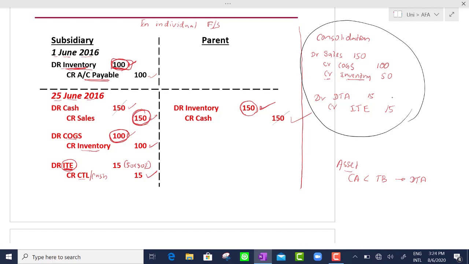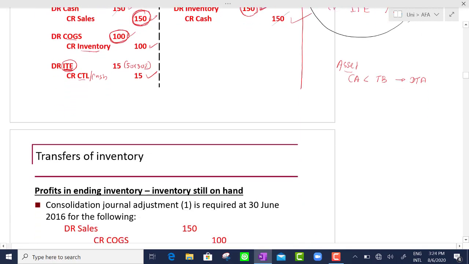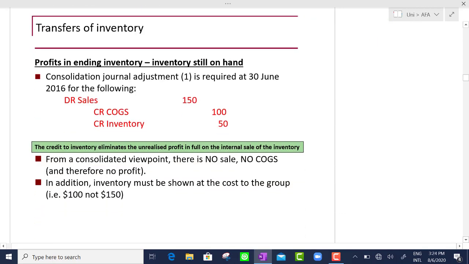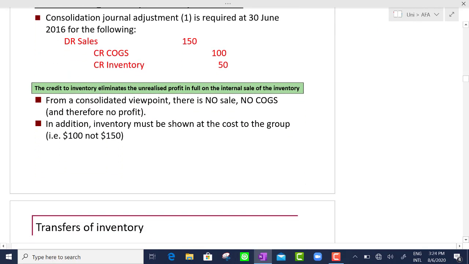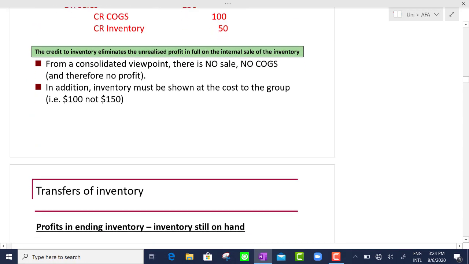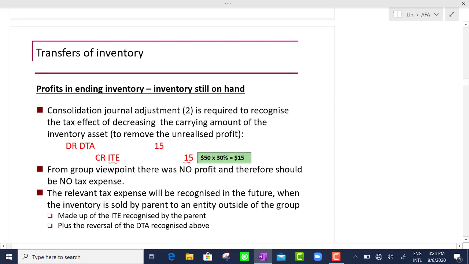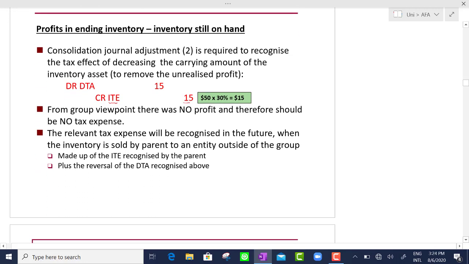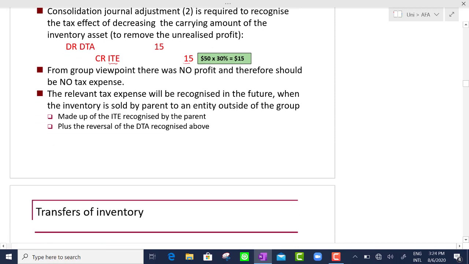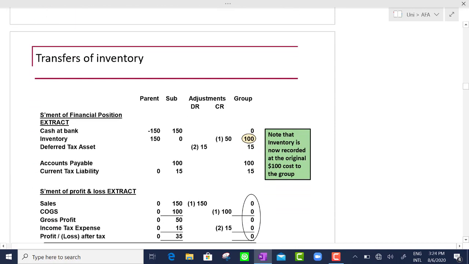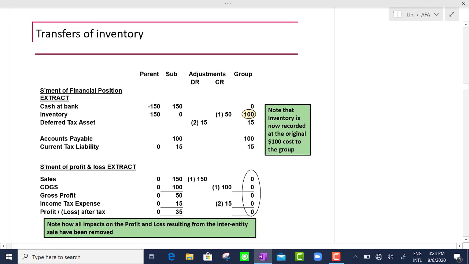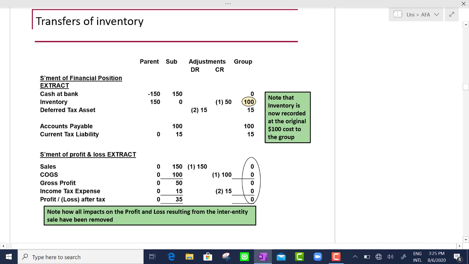Right? So I think that I discussed this entry, and also I discussed this entry, right? And if you make these adjustments to the consolidation worksheet, you can see that cash ultimately has no impact, minus and plus, therefore no value.